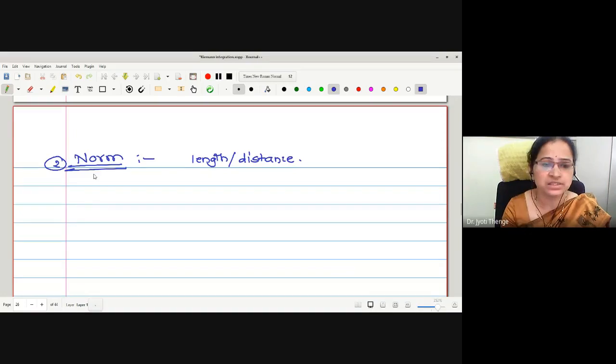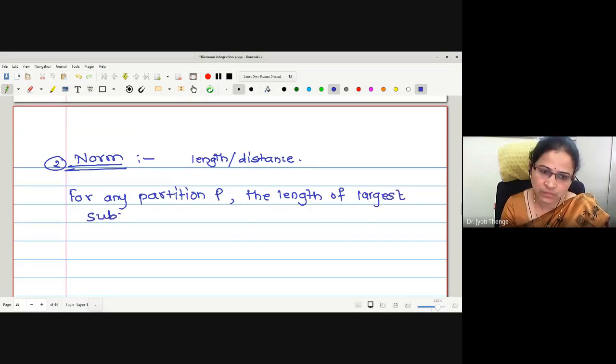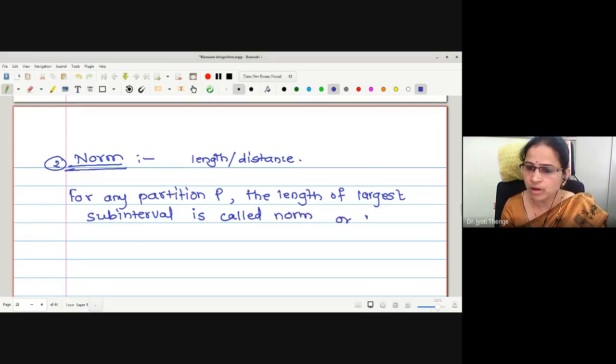here in this definition, this is defined to be the length of largest subinterval. Okay, how is it defined? Length of largest subinterval. Okay, so I write the definition: for any partition P, the length of largest subinterval is called norm or mesh.